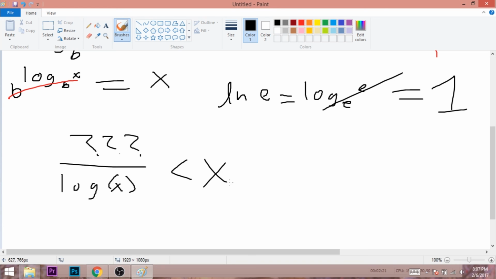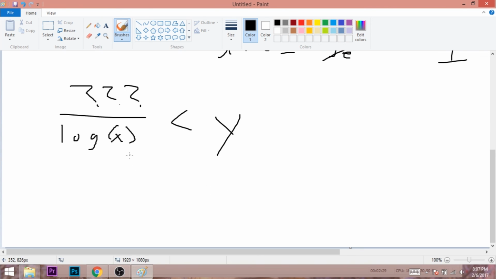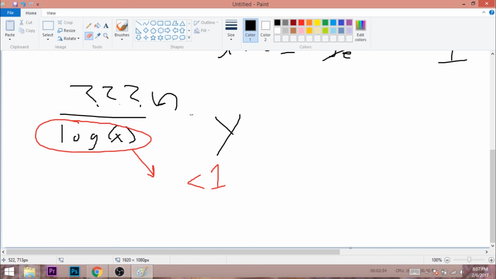If you have it less than, let's say less than y, if this log on the denominator is less than 1, then you're going to switch the symbol, right? You're going to flip-flop the symbol around. So then it looks like this, right?